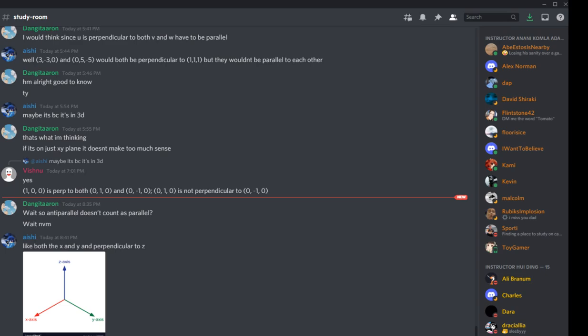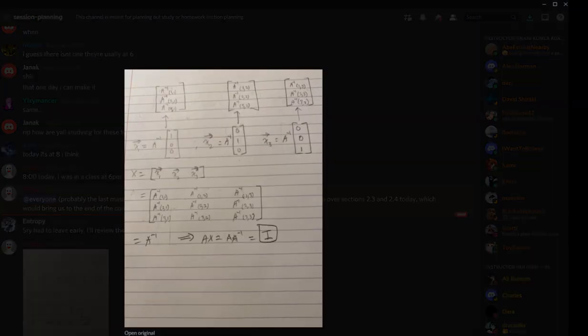Yeah, I agree. Okay, I put my solution in the session plan. But basically, x1 would be A inverse times 1, 0, 0. x2 equals A inverse times 0, 1, 0. x3 equals A inverse times 0, 0, 1.